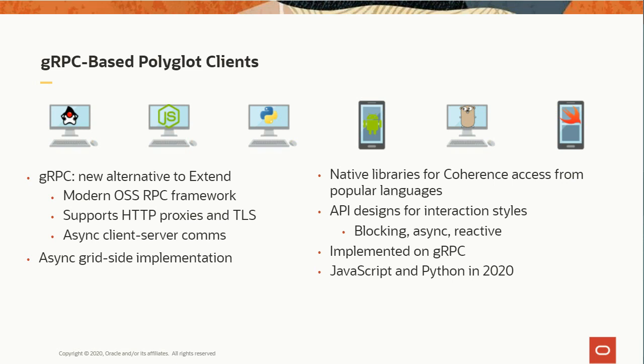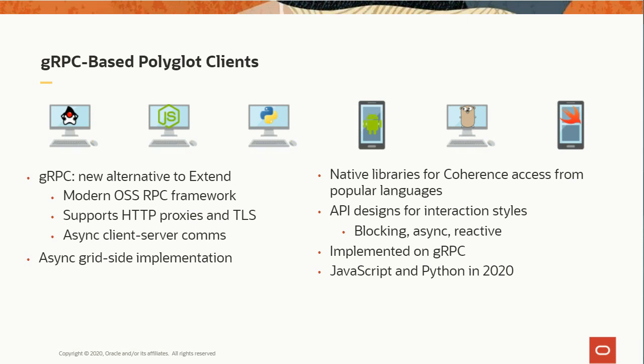It supports HTTP proxies and transport layer security. It supports asynchronous client-server communications, allowing interaction styles like reactive, for example. And we have an asynchronous implementation on the grid side of our gRPC feature.